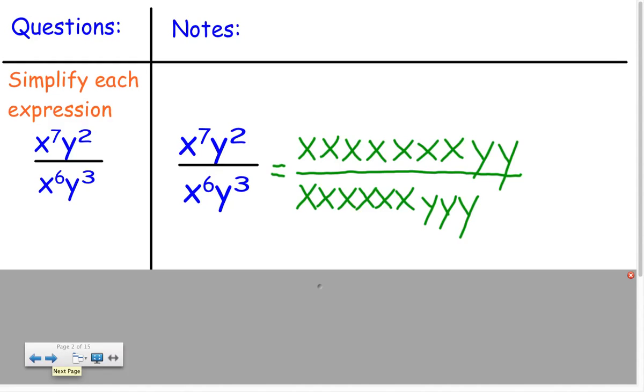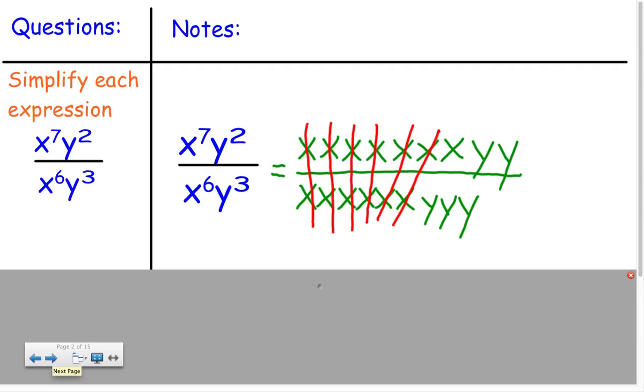Now to simplify this, I have to look at what variables are on the top and bottom. If it's on the top and bottom, I can cancel them, because that would make 1. So these can cancel, cancel, cancel, cancel, cancel, cancel. Now I still have one more x on the top, but I don't have any more x's on the bottom, so that x on the top has to stay there.